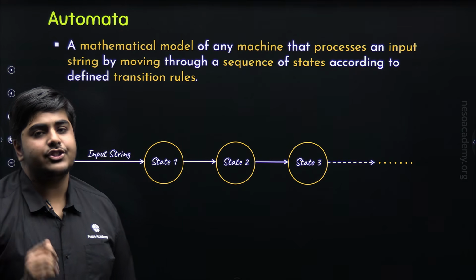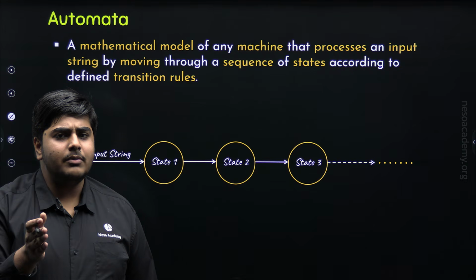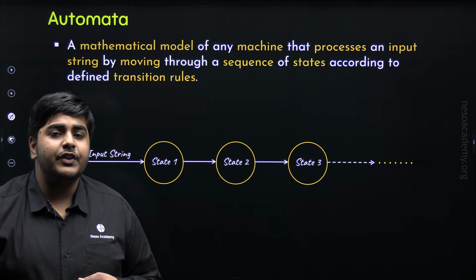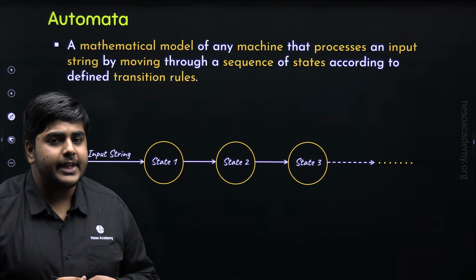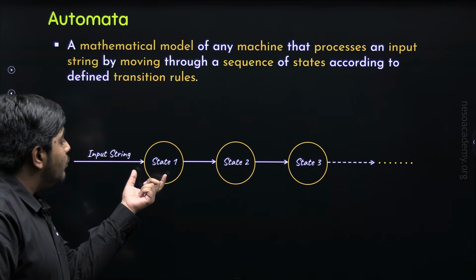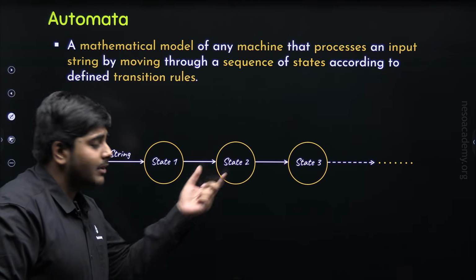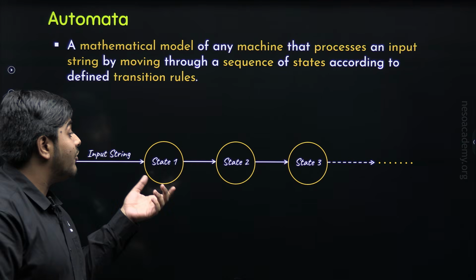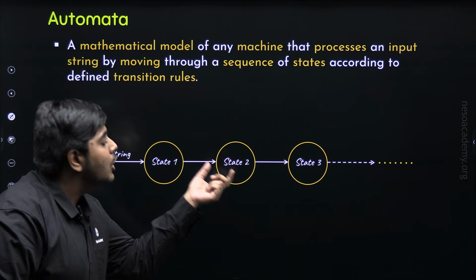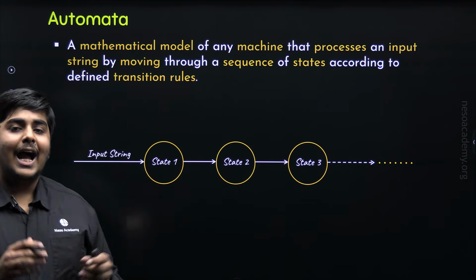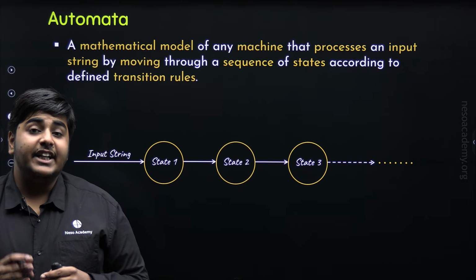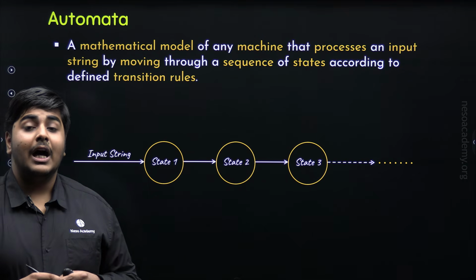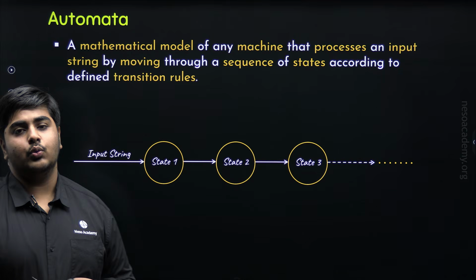Now, what are transition rules? Transition means the process of moving from one state to another state. That means if we are moving from state number 1 to state number 2, then we call it a transition from state number 1 to state number 2. And the set of rules that define these movements are called transition rules.